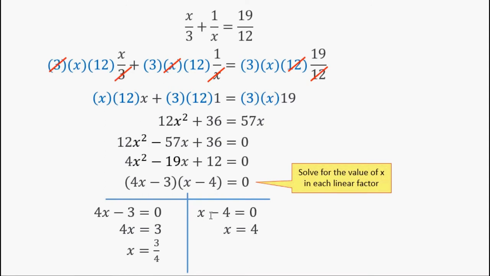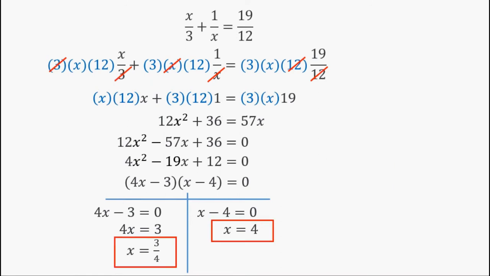Then, we have x minus 4 is equal to 0. Applying APE ulit, therefore we have x is equal to 4. And these values of x are the roots or the solution of the rational algebraic equation x over 3 plus 1 over x is equal to 19 over 12.